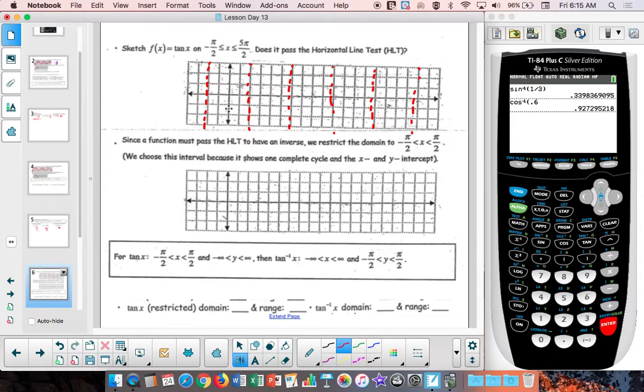You're going through the same thing every single time. So pi over 2 is where it's undefined, so just every 4 lines. This is pi over 4. Negative pi over 4 is 0, pi over 4. And we have this happening over and over and over.